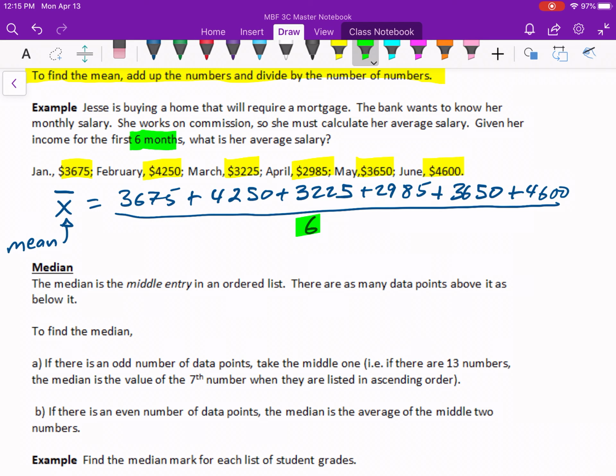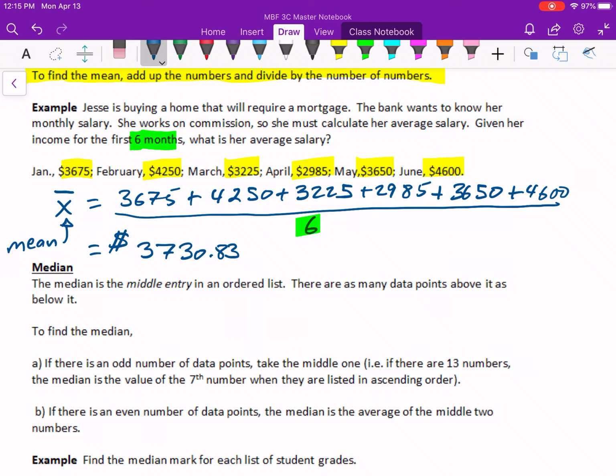So when we add those all up, divide it by 6, what we get is 3730.83, and that's dollars. So we know that her average salary is $3,730.83.